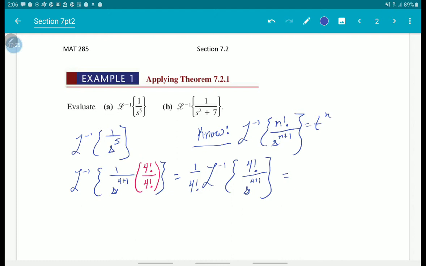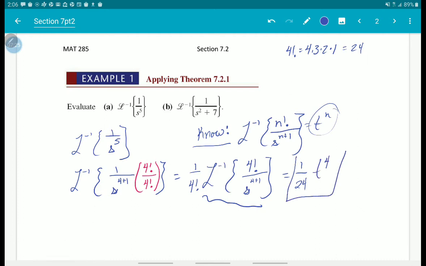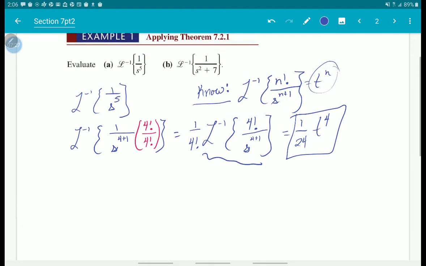So 4 factorial is the same thing. Remember, factorials can be written as 4 times 3 times 2 times 1. And that's going to be 24. So it's 1 over 24. This guy is going to translate to t to the 4th. So that was our original. So there's our f of t.